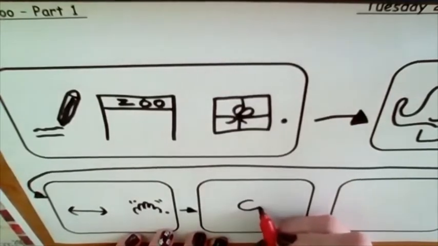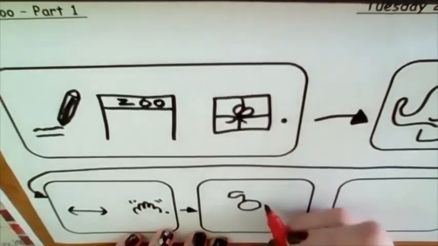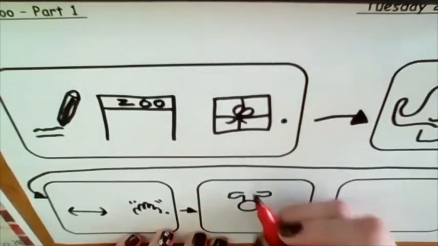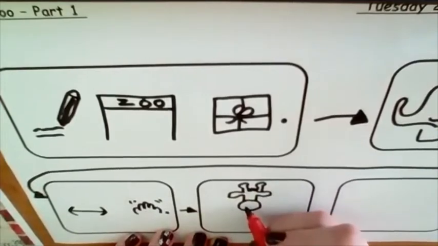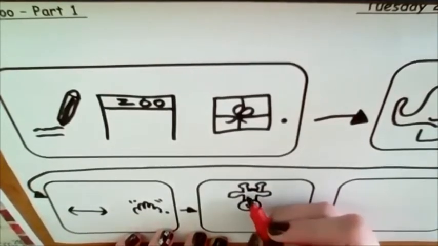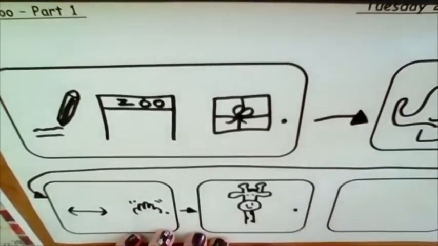Next, they sent me a giraffe. He's got little horns. And a long neck, and they've got little spots, haven't they? Full stop.